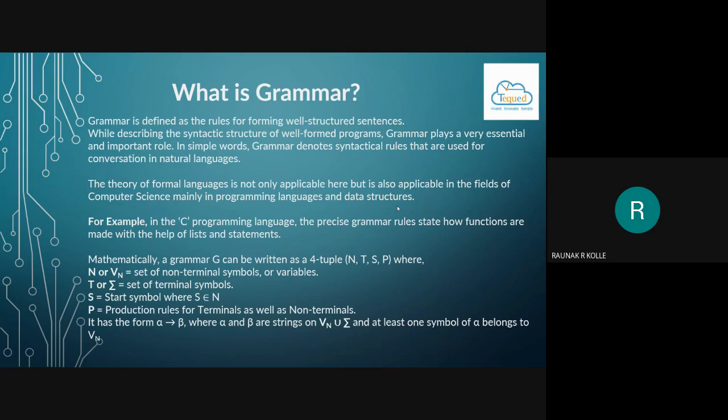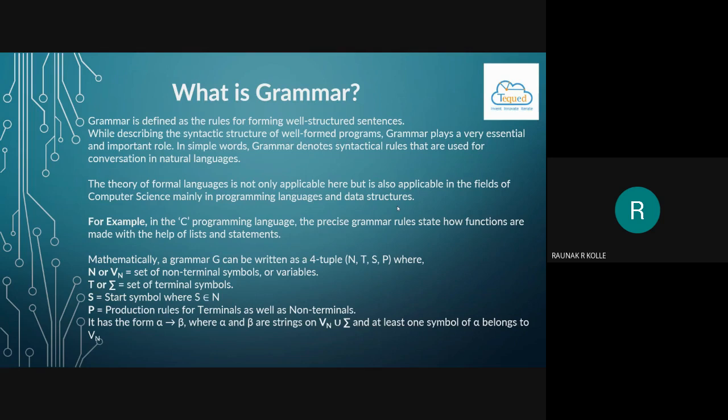Mathematically, a grammar G can be written as a four-tuple N, T, S, and P, where N stands for the set of non-terminal symbols or variables. T or sigma stands for a set of terminal symbols. S stands for the start symbol, where S belongs to N, that is the set of non-terminal symbols.